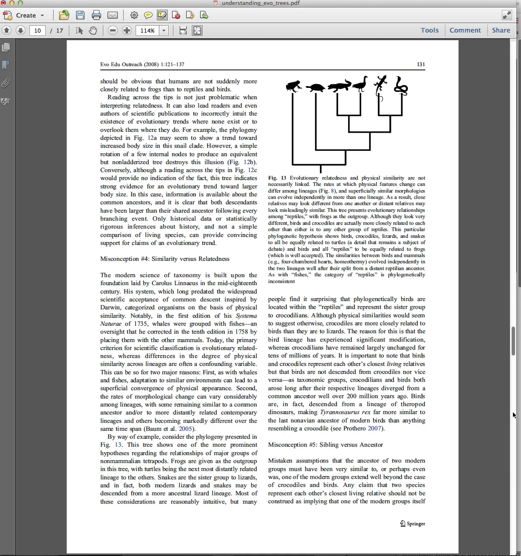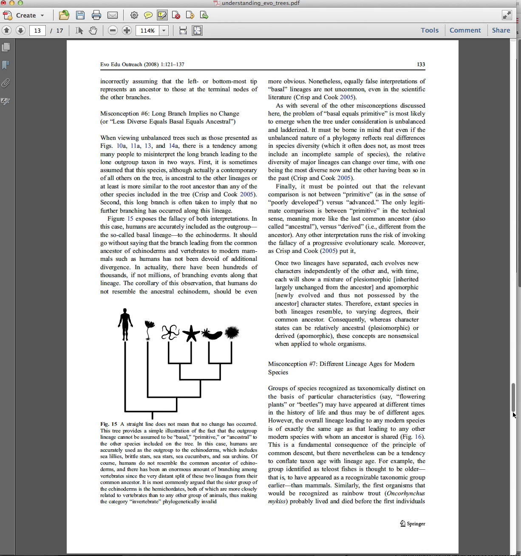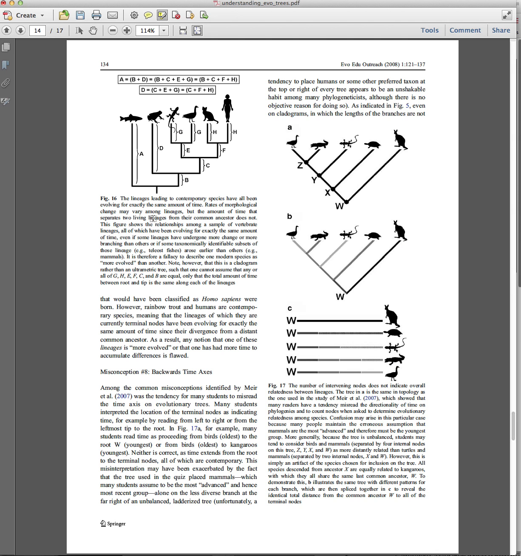I want to point out one more thing in here before we finish, and that is the branch lengths. So we talked about the difference between a cladogram and a phylogram. A phylogram shows you amount of divergence. So the length of a branch may correspond to number of evolutionary changes, but I want to point out what this figure is saying in that each of these branches, right, leading to a species, each species has been evolving for exactly the same amount of time.